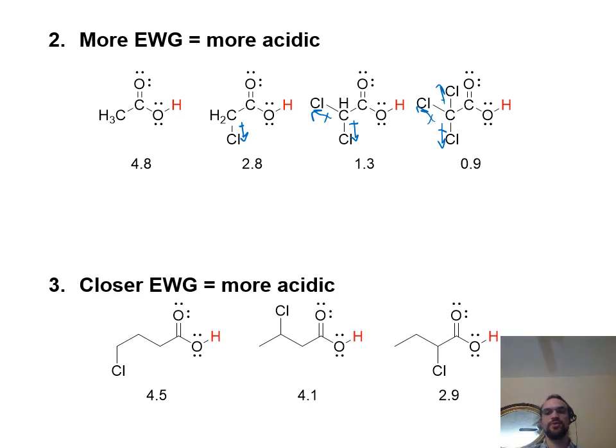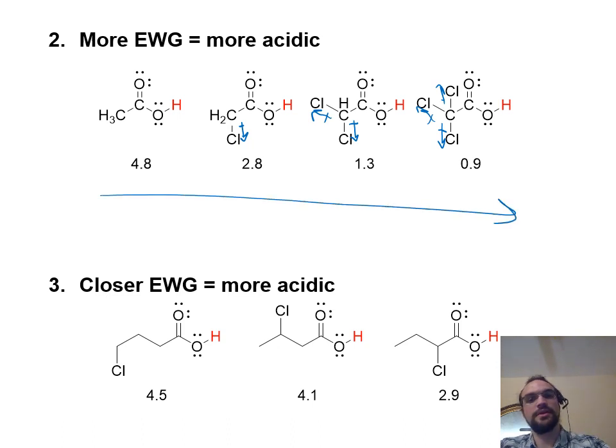The more groups I put on there that are pulling electron density, the more they're going to stabilize the conjugate base. So as we go left to right, increasing acidity.